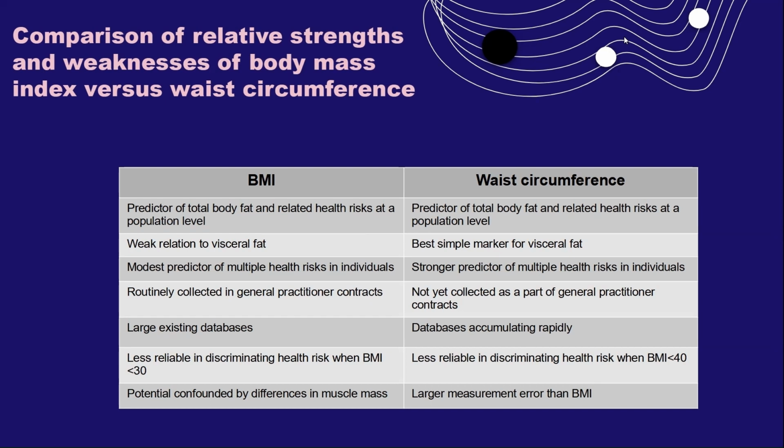It provides insights into visceral fat accumulation, which is associated with heightened health risk. Despite its limitation, waist circumference is considered a better predictor of total body fat and related health risks at a population level compared to BMI.